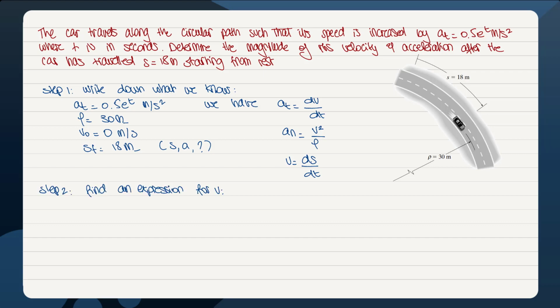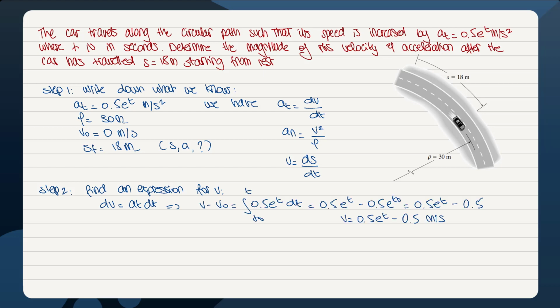So to find an expression for v, we can simply make use of the equation that relates at to v: dv = at dt. Since we have an expression for at, it is relatively easy to find an expression for v. We simply need to do the integration. So v minus v0 is equal to the integral of at dt.